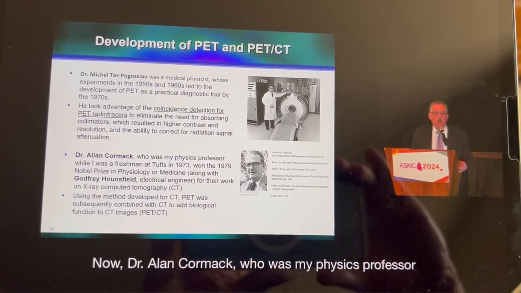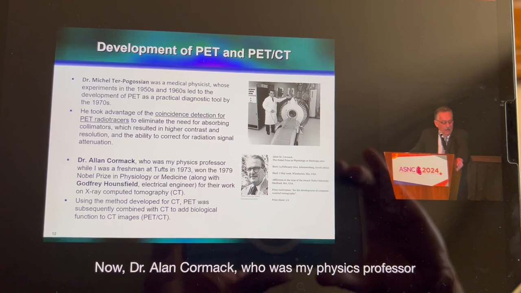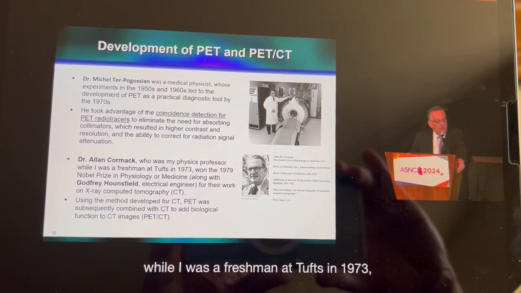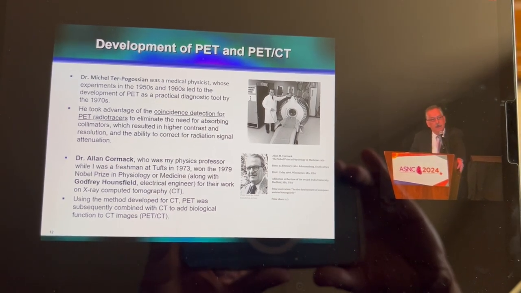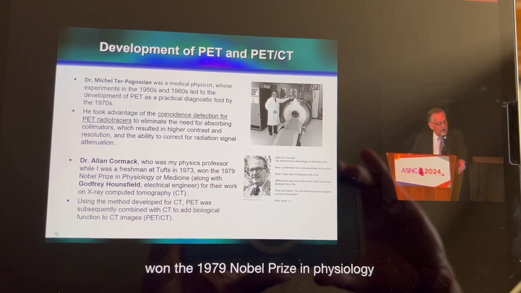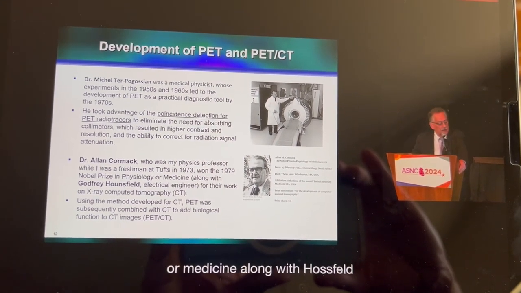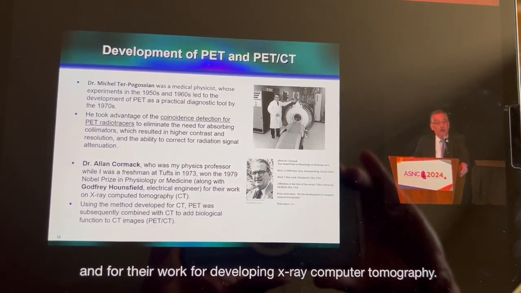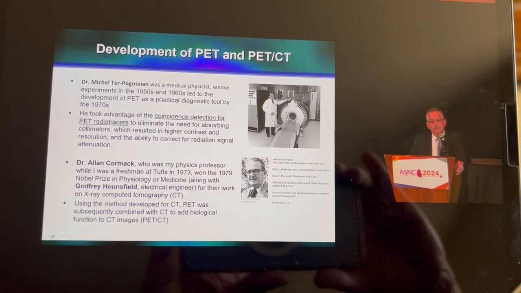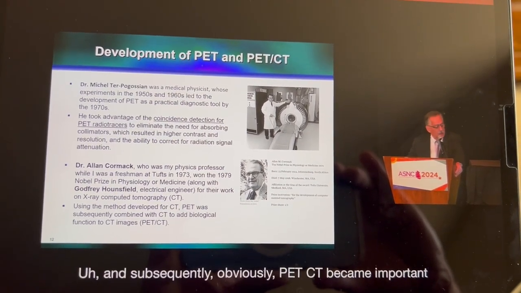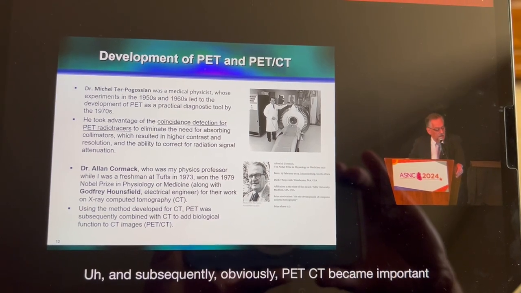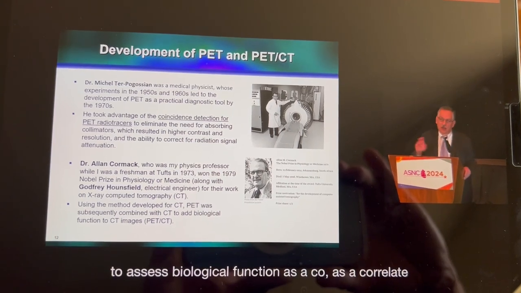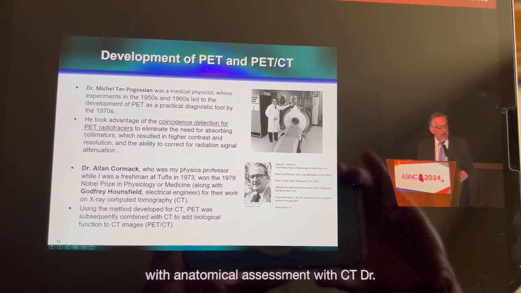Now, Dr. Allan Cormack, who was my physics professor while I was a freshman at Tufts in 1973, won the 1979 Nobel Prize in Physiology or Medicine, along with Hounsfield, for their work developing X-ray computed tomography. And subsequently, obviously, PET-CT became important to assess biological function as a correlate with anatomical assessment with CT.